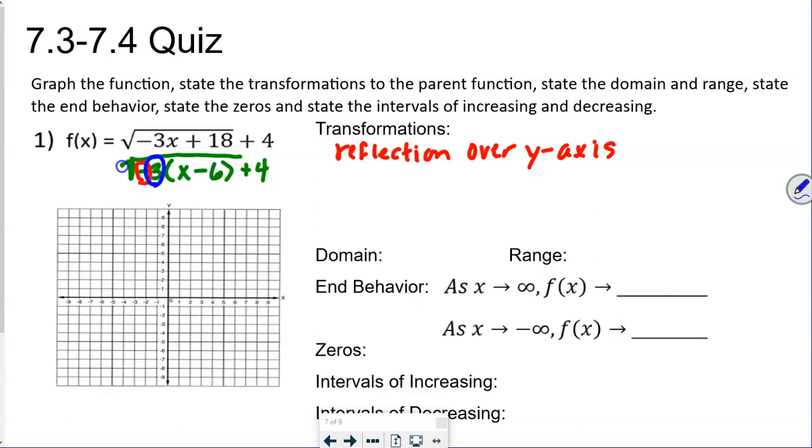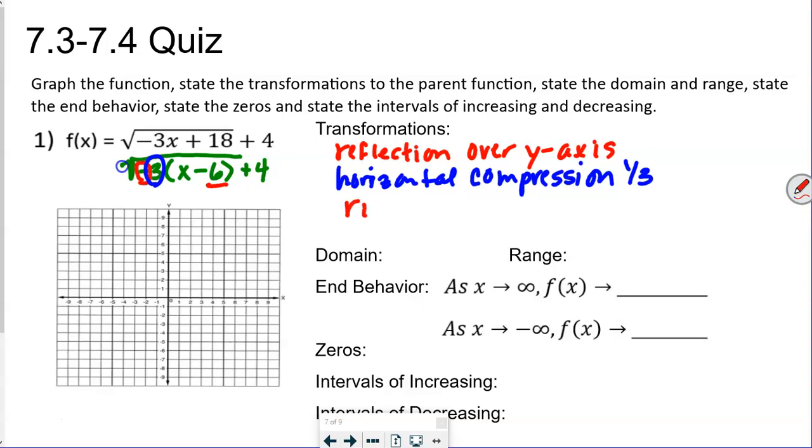That 3 means that we have a horizontal, and this is going to be a compression because it's a whole number. But when we write it, we're going to say it's a horizontal compression of 1/3. Okay?